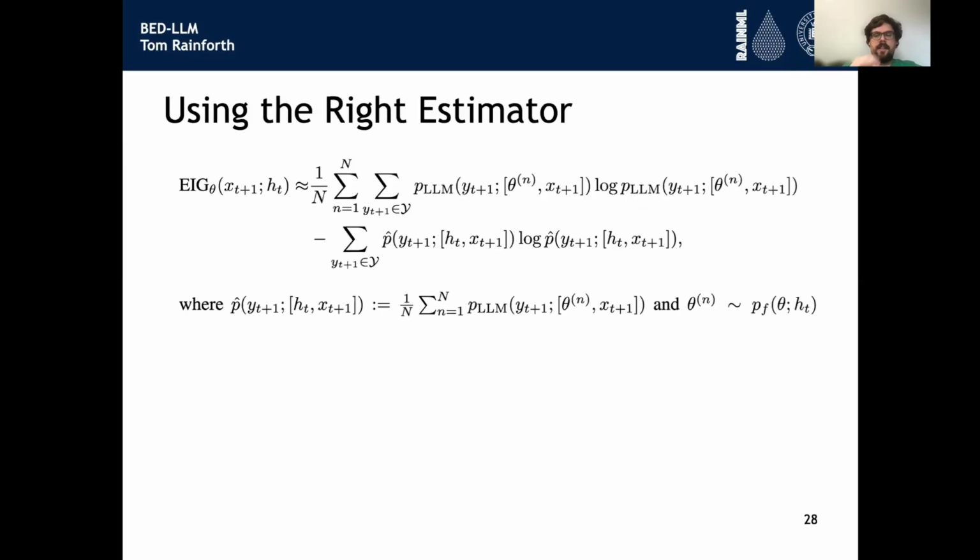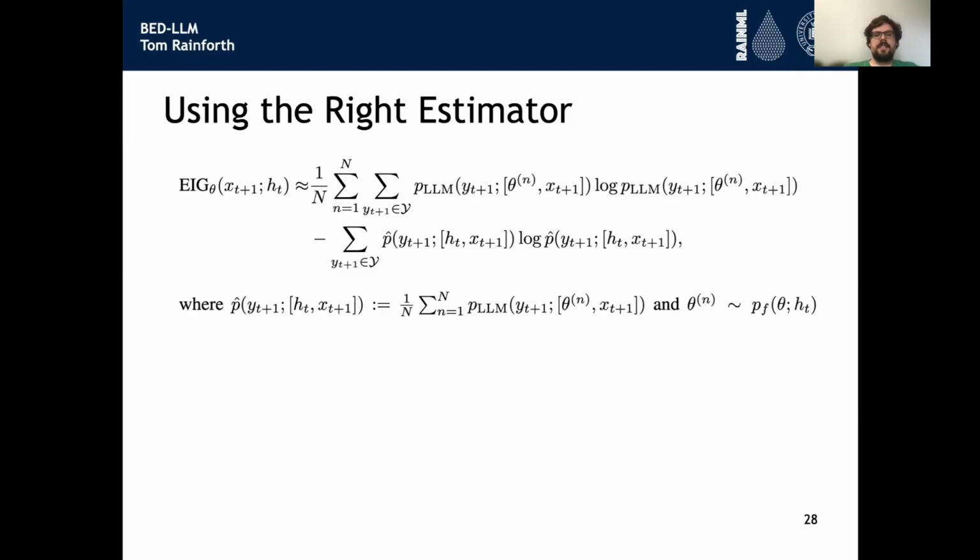The last important bit that we need to cover here is the actual estimation process itself. So from before, we got this definition of the expected information gain, EIG. As I said, it's fully defined by the joint model. And essentially, there is a Rao-Blackwellized single intractable estimator that we can use whenever y is discrete.